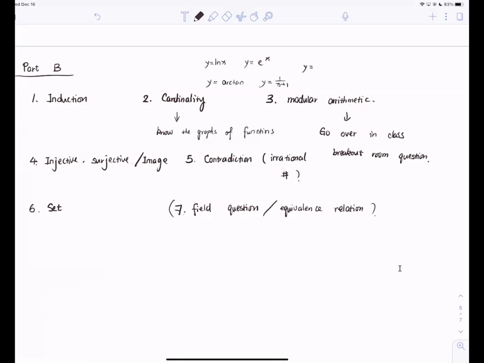What else? Arc cosecant. And many more. Okay, so know the graphs. Sometimes that could help you a lot.